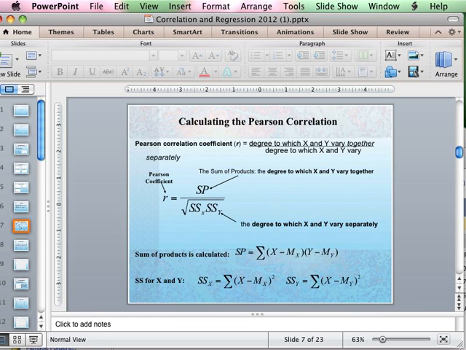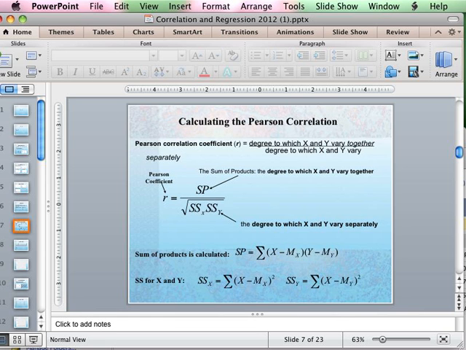It's a ratio of the degree to which x and y vary together, how much they share their differences from the mean. So if you're high on x, are you also high on y? If you're low on x, are you also low on y? Compared to, or in relation to, the degree to which they vary by themselves.